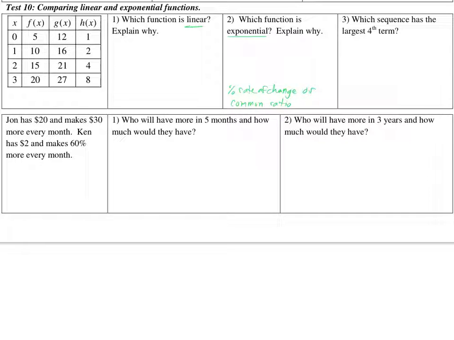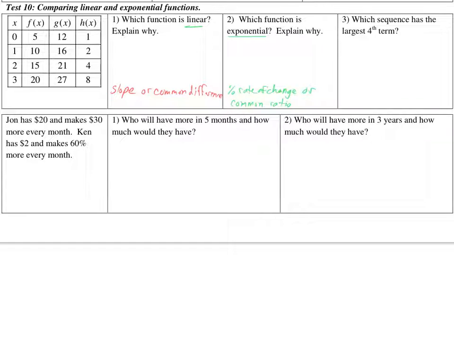Well, for a linear, we're looking for an average rate of change or a slope, which is your average rate of change, or it's called your common difference. So for linear, we're looking for common difference or slope. For exponential, we're looking for percent rate of change, which is your common ratio.